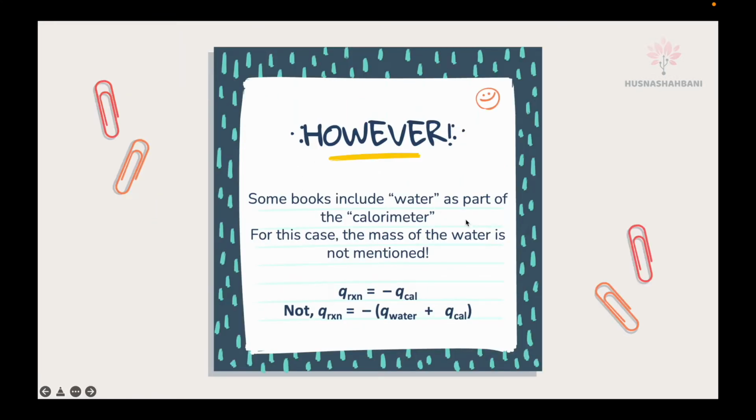However, some books include water as part of the calorimeter. So if the mass of water is not mentioned, you just use the equation Q reaction equals negative Q calorimeter. If the mass of water is not mentioned, just use this equation because you cannot substitute the Q water.